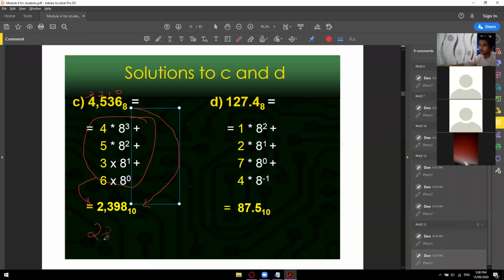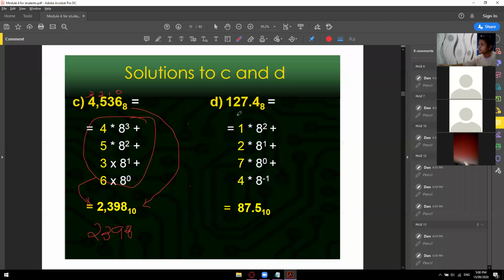Ilagay nyo lang doon, 2,398. Huwag nyo na rin i-include yung comma, kasi mamamali lang yung sagot nyo. So, simply put 2,398. Pero kapag nasa paper to, let's say kompleto lahat, solution, and then yung unit pati sa paper, dapat ilagay nyo rin yung base. So, very important to.